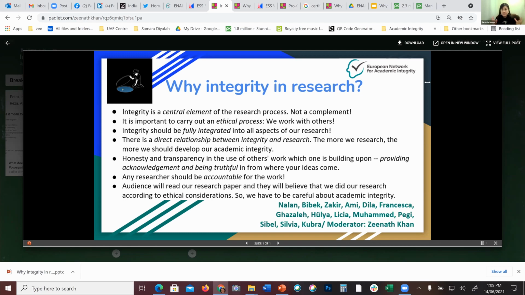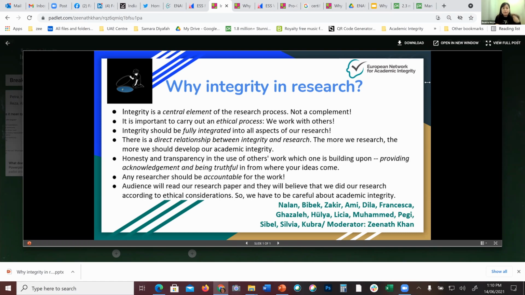It's not a complement, not something else to worry about while you are carrying out research, but rather the core of it, that we need to be involved in an ethical process. We work with people in significant spaces. We need to create relations, and for this, it is critical to have an integrity stance when we do our work as researchers.